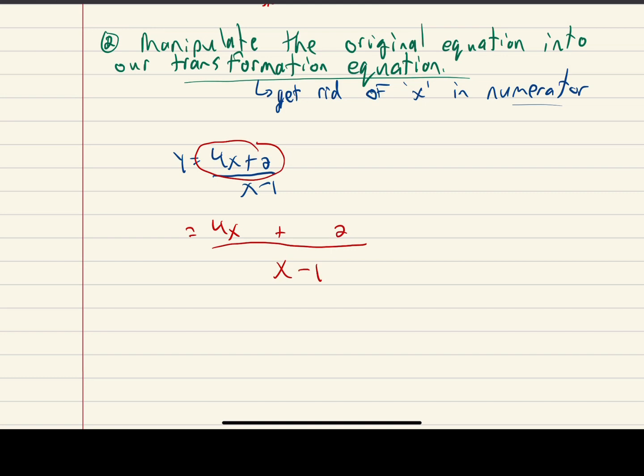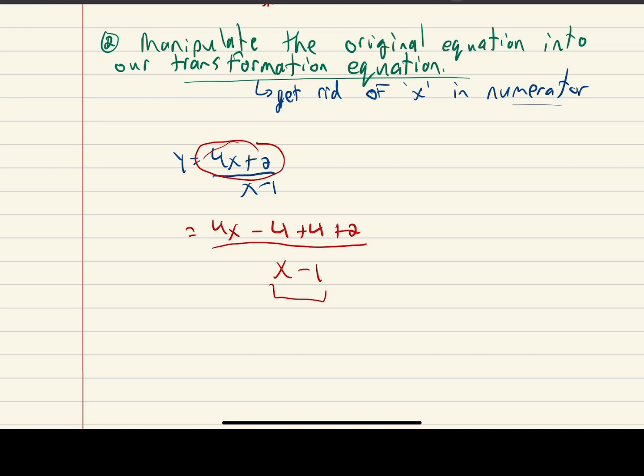And if I think about what could I do to this equation to give me an x minus 1 at the top so that I can eventually factor it out without changing the actual math of the equation? Well, if I go like this, 4x minus 4, you're like, well, you can't just subtract 4, that's not really there. True. So we go minus 4 plus 4. So we're going to just add it right back so that way we haven't changed the equation.